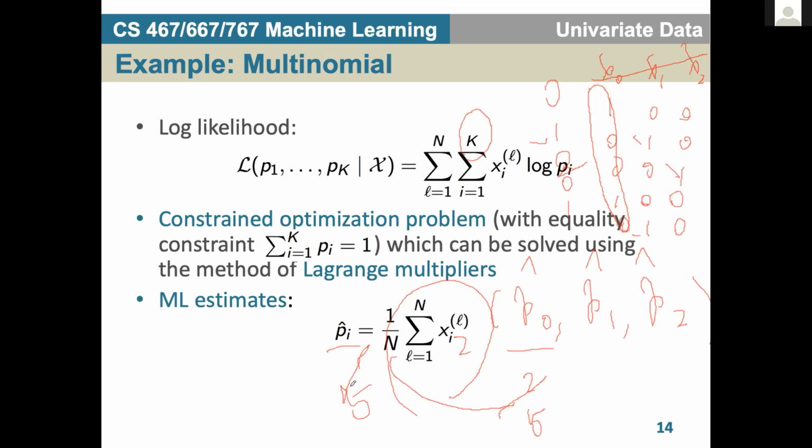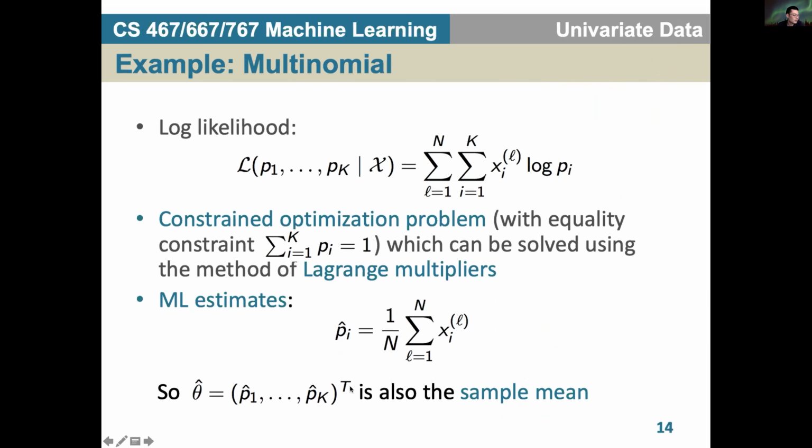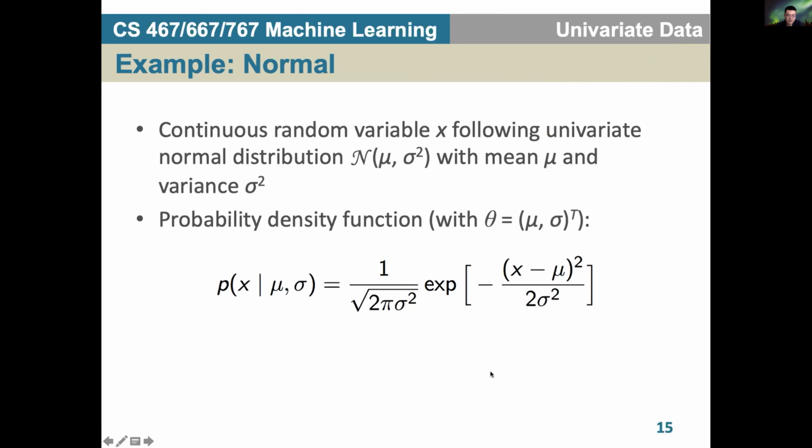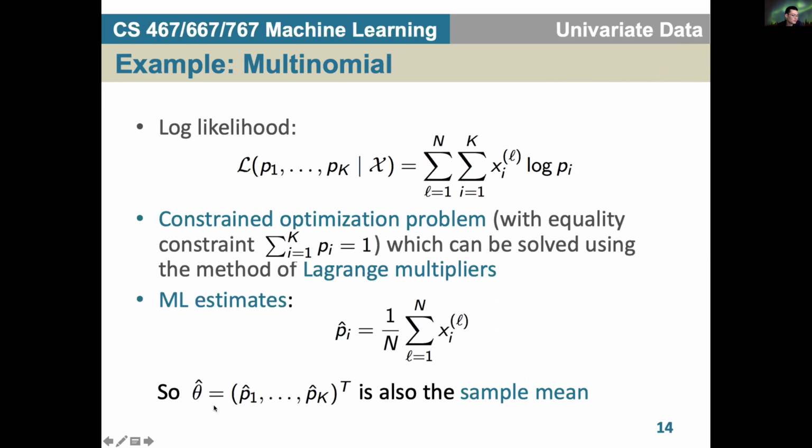Professor, are we going to see the solution of how P hat is computed? Yes, we will see how P hat is computed. So anyway, this is for the sample mean. Why is it called the sample mean? This really is the mean, but in high dimension.